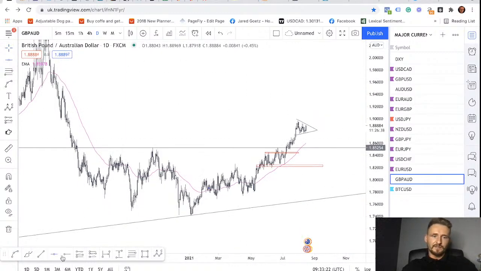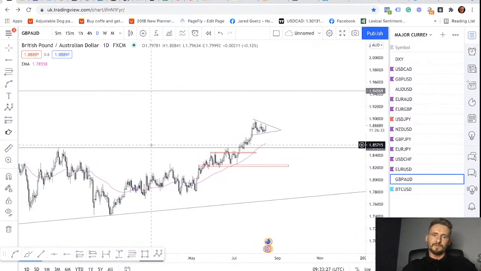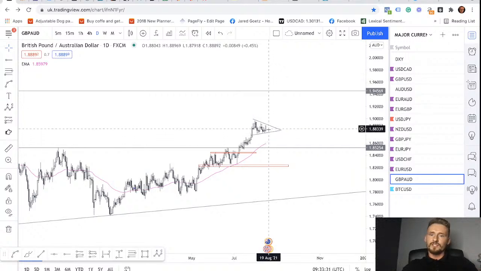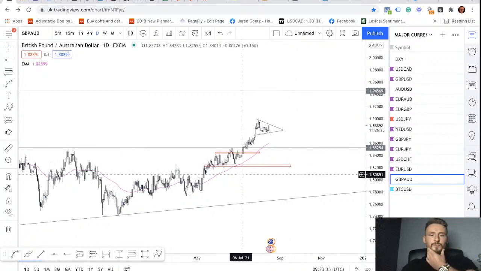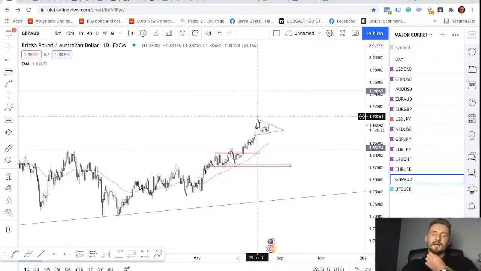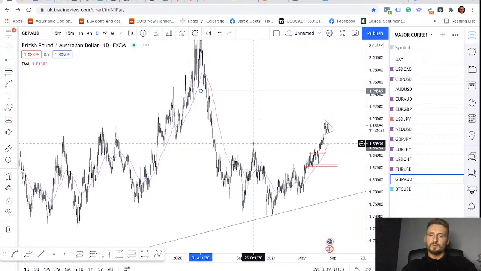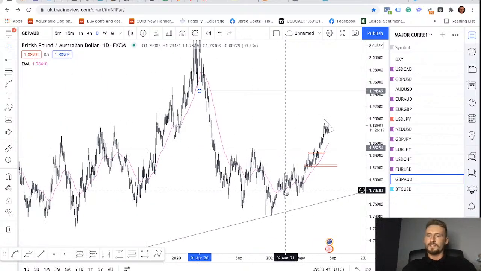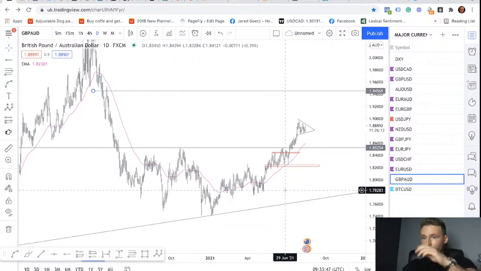When we do break out of something like that, we could go all the way back up to something like this, and it comes in nicely with the 50 EMA. The fact that we are creating really nice higher highs and higher lows, we've broken these previous highs at 1.85254, and it's very, very probable that we will go up just above that 1.9400 handle.